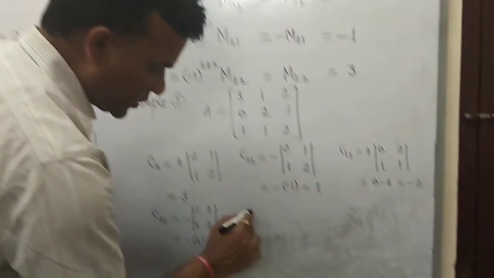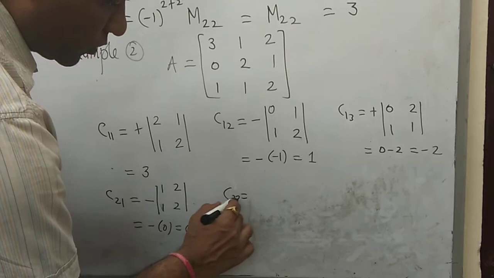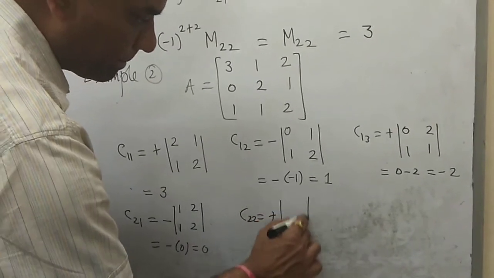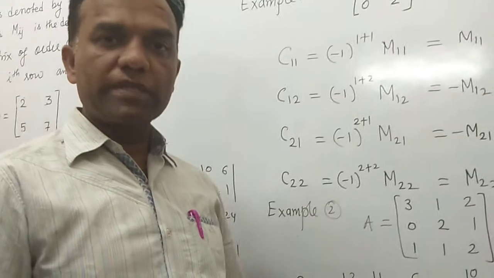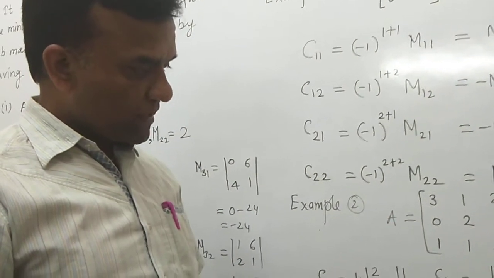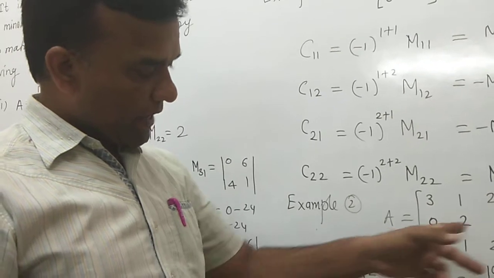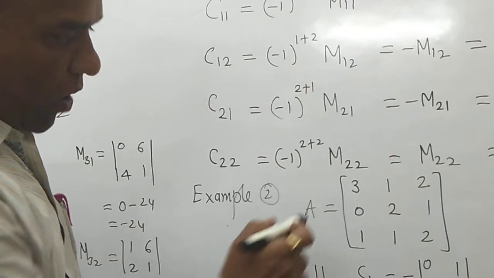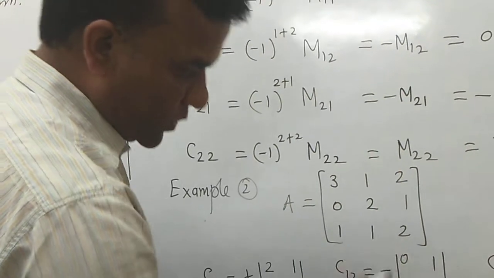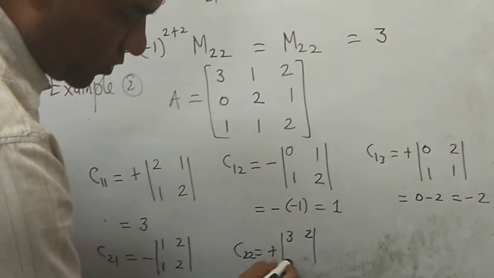And then C22. Okay, again 22 means you put a plus sign. Plus sign means the sum of the place value, 2 plus 2, is even, because 4 is even. And now what is the value of 22? 22 means second row and second column. So you write down the corner values here: 3 2 1 2.